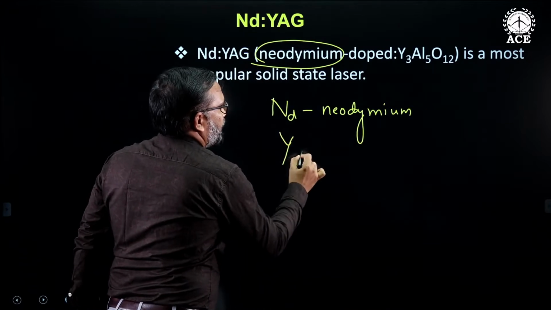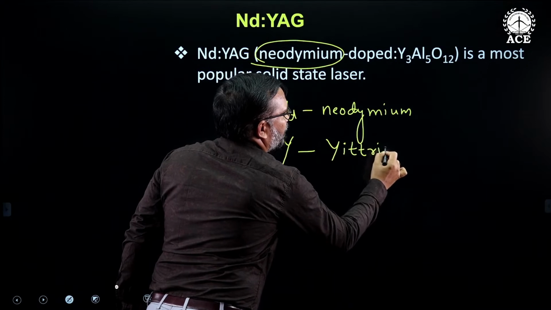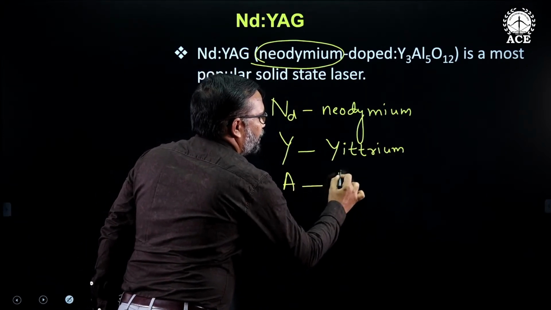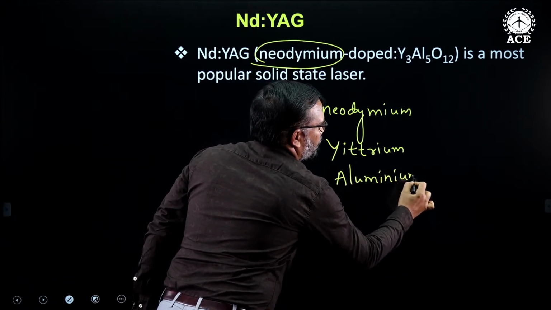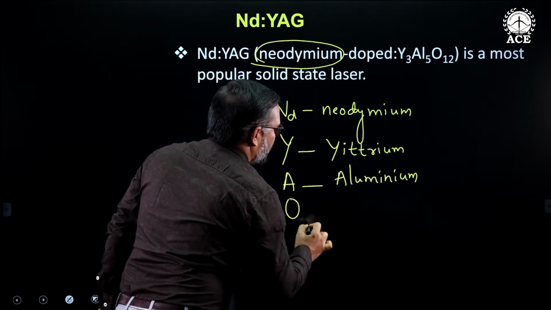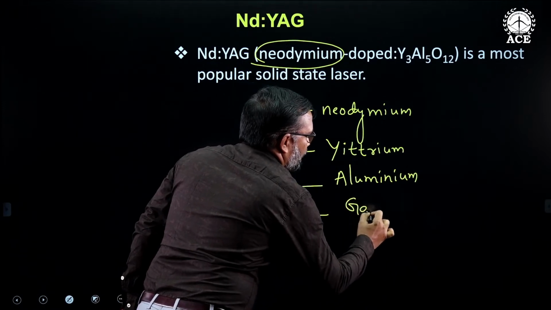Next, Y means yttrium. A means aluminum. And the last part, G, is garnet.